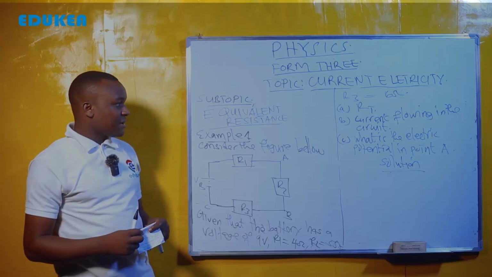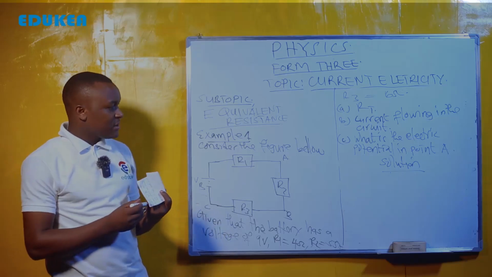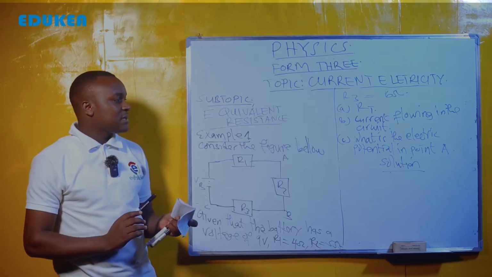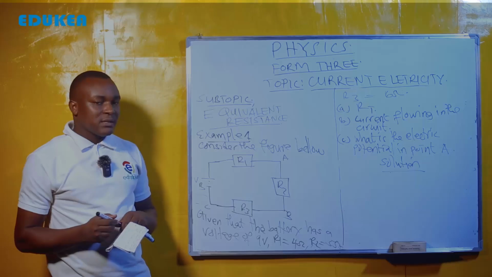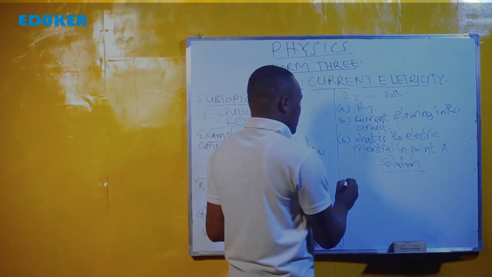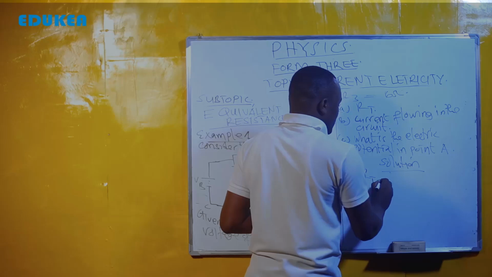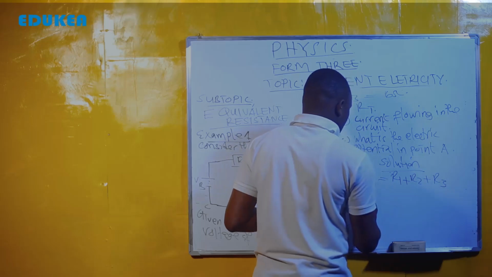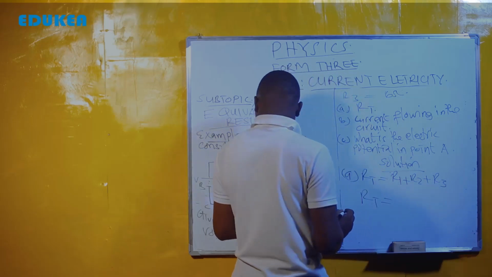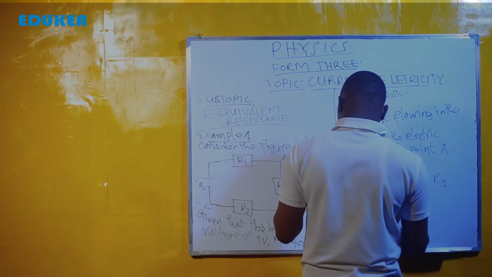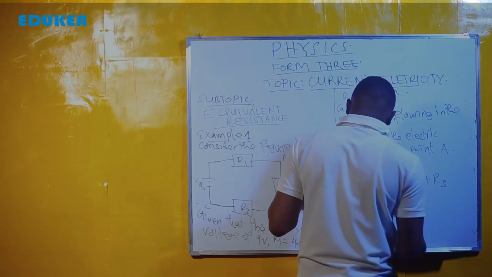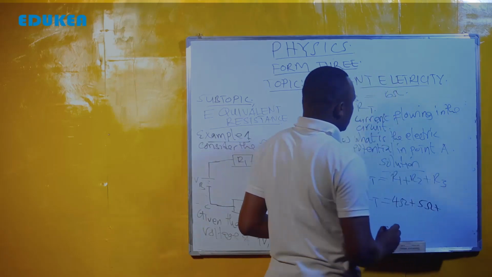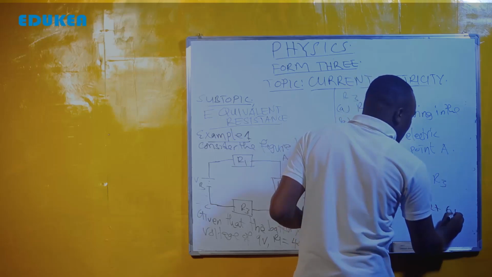And you have been given the value of the resistors and the value of the voltage. So, the first part, you are required to find the value of equivalent resistance. How can you calculate the equivalent resistance? As you look, our resistances are in series connection. So, the total resistance will be equal to R1 plus R2 plus R3. So, resistance total will be equal to R1, we are given, is 4 ohm, plus R2 is 5 ohm, plus R3 is 6 ohm.